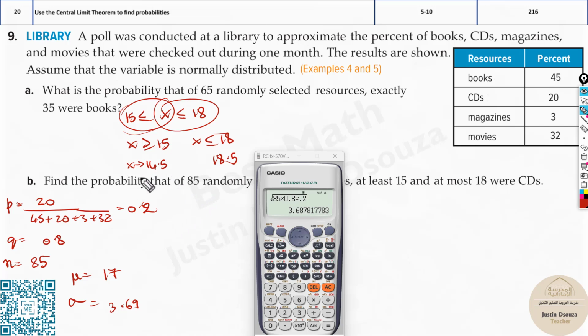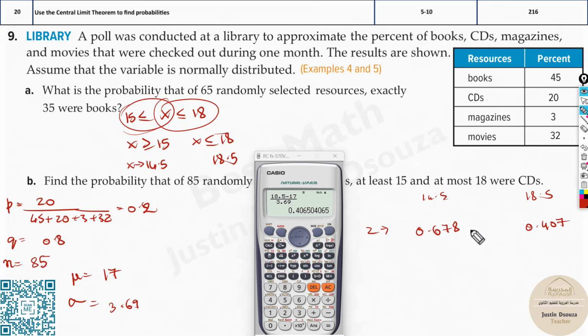So this much is done and we know the x values, so we can find the z values. For 14.5 and 18.5, the z values can be found by x, 14.5, minus the mean, 17, divided by 3.69. The first answer is 0.678, and the next one, for 18.5, is 0.407.